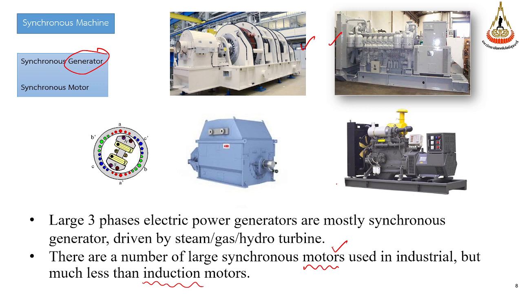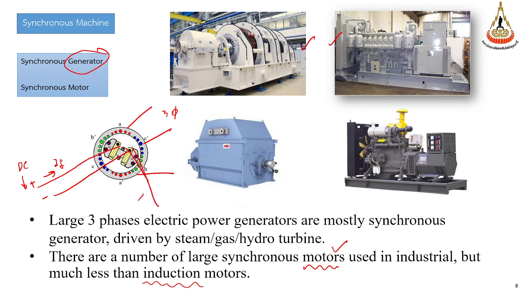Okay. To use the synchronous machine, we need to supply DC current to the rotor. So a DC source is required here, and then we get three-phase power generation. Or if we supply three-phase, it will move.